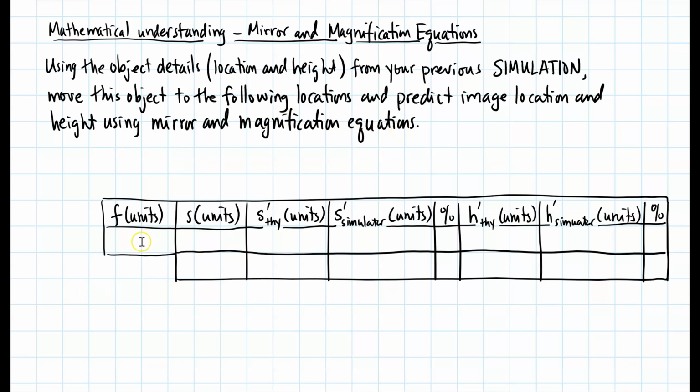From the focal length that you had for the mirror, choose 1.5 times that focal length and 2.5 times that focal length, and then predict using the mirror equation here.